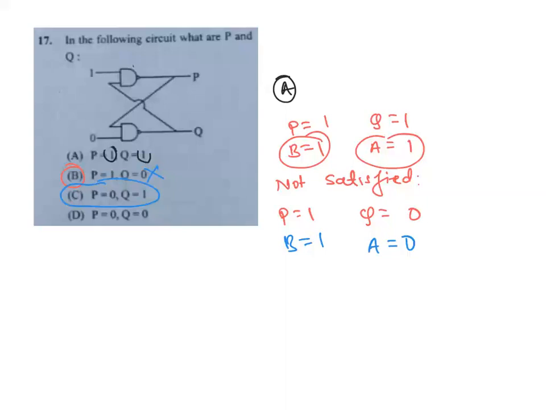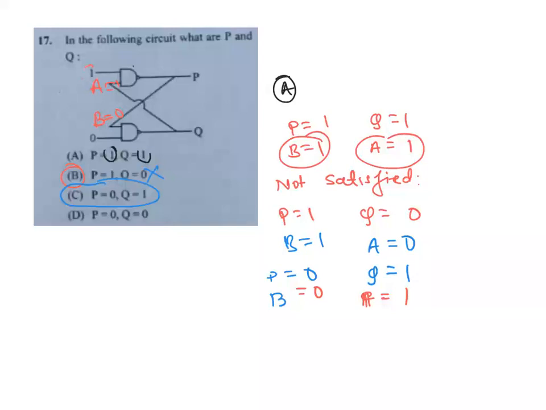Here, suppose P equal to 0 and Q equal to 1, at that time B equal to how much? Now let me take this as A and this as B. Now B equal to 0 and A equal to 1. Now B equal to 0, here it is 0, and A equal to 1.